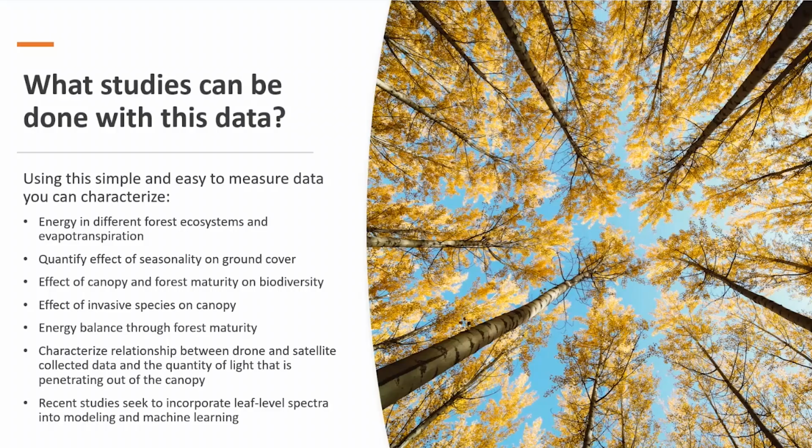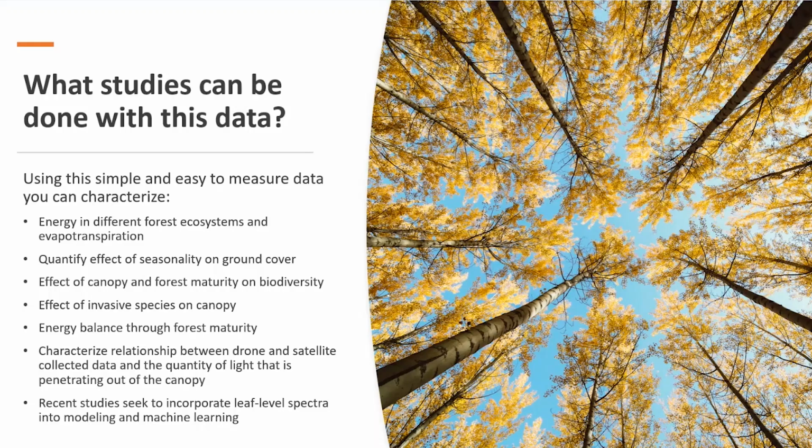Energy balance through forest maturity would be great. So forest maturity is very important for biodiversity, or just a biodiversity study is also rewarding. And then recent studies seek to incorporate leaf level spectra into modeling and machine learning. So really getting into the nitty gritty of these light dynamics.